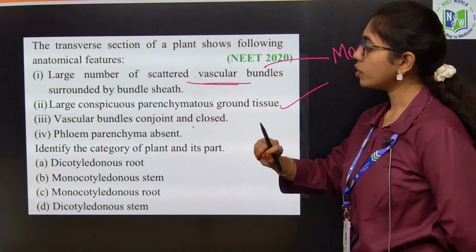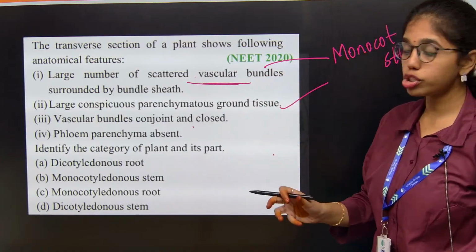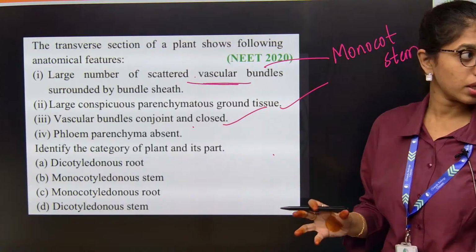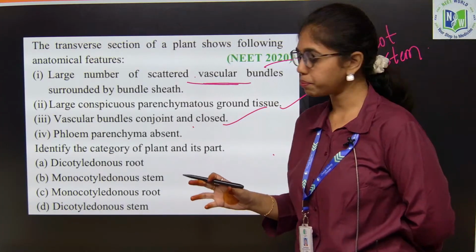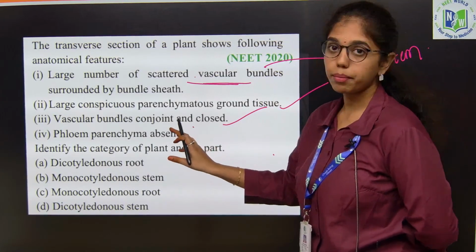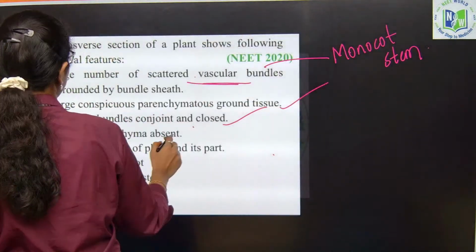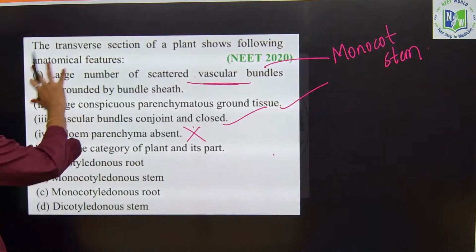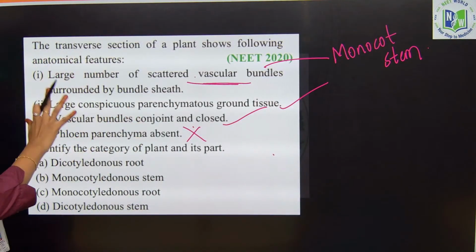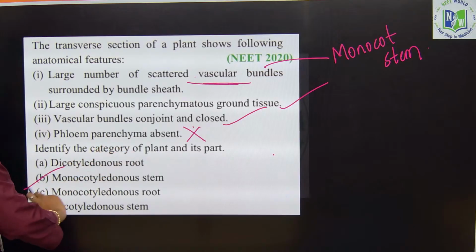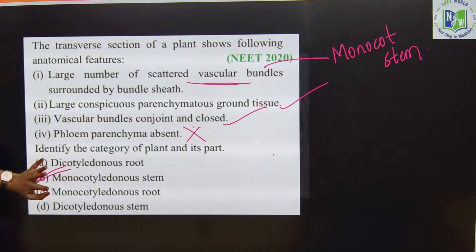Third statement, vascular bundles are conjoint and closed. True. Next, phloem parenchyma is absent in the monocot stem. So all these anatomical features belong to monocot stem.